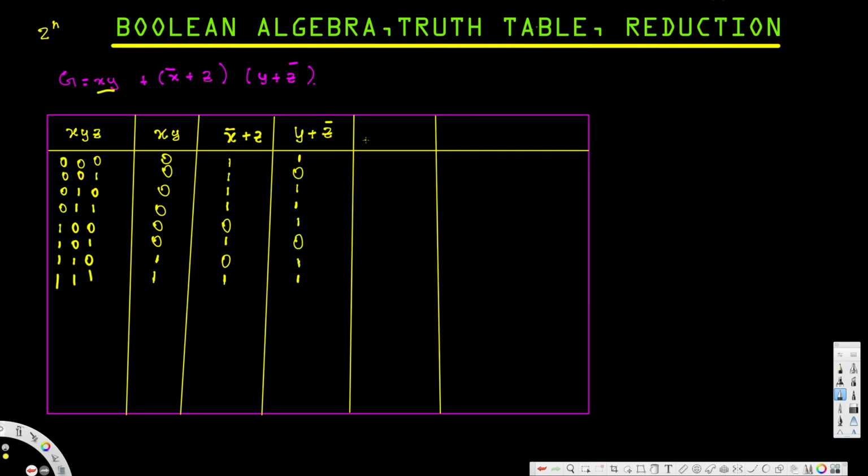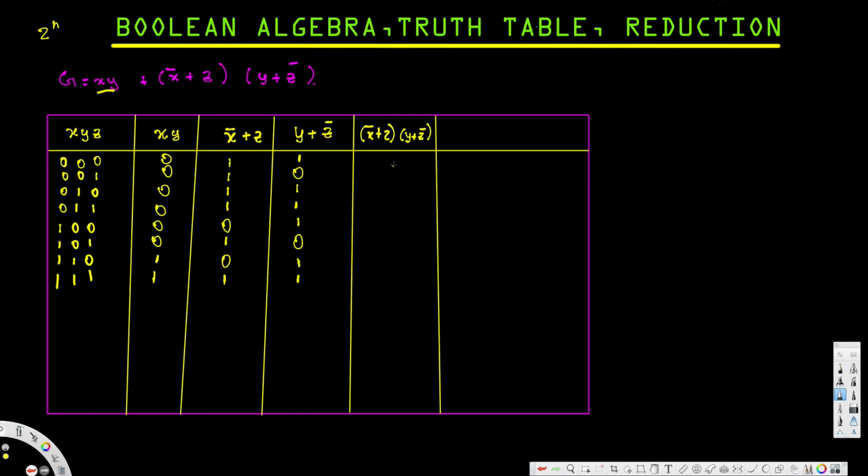Now the next thing is we have to AND them together. So we have X bar plus Z ANDed with Y plus Z bar. So let's see what we get if we do that. If one of them is 0, we will get a 0, because in an AND gate, if a 1 and 0 are there, the result is going to be 0.